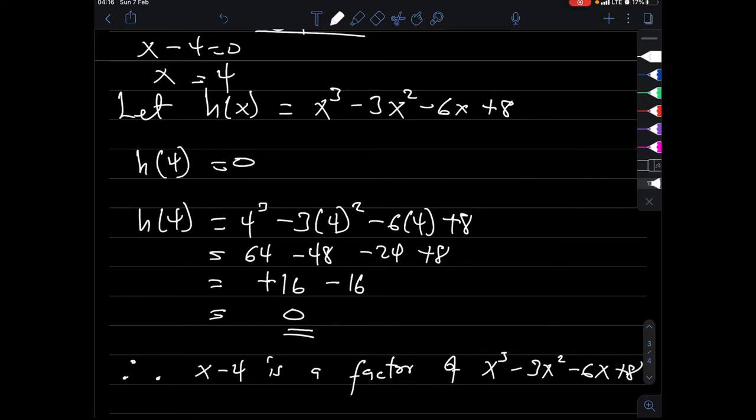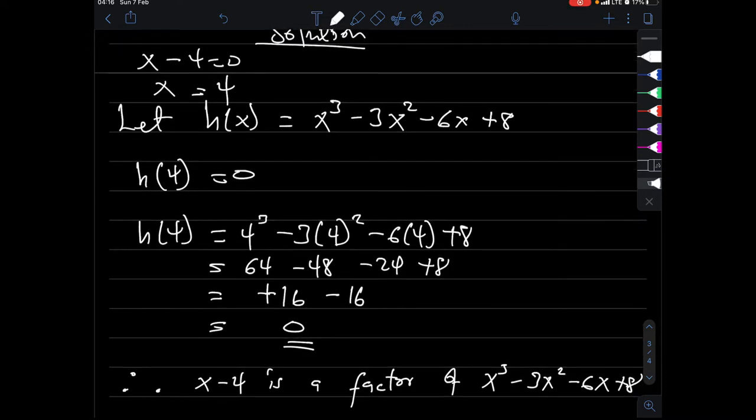So this is how you go about it. The first thing you want to do is to set the divisor to 0 so you can solve for the value. Once you have the value, you put that into the function, and if the answer is equal to 0, then it means that x minus 4 is indeed a factor.